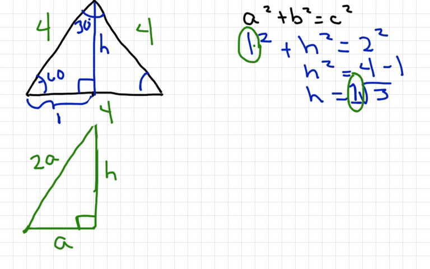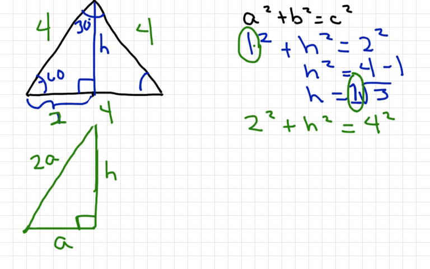In this case, half of 4 would be 2. I'm going to change that 1 to a 2. And I'm going to use the Pythagorean theorem again. Please notice that my A is 2 and that my C is 2 times my A. So 2 times 2 is 4. What we don't know is the height. My A again is 2, so we're going to go 2 squared plus h squared equals my hypotenuse, which is 4 squared.